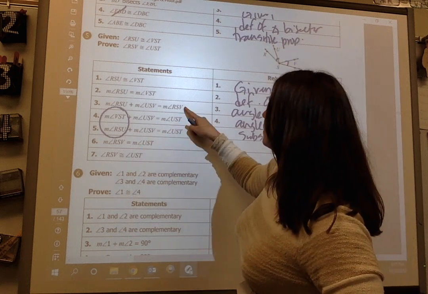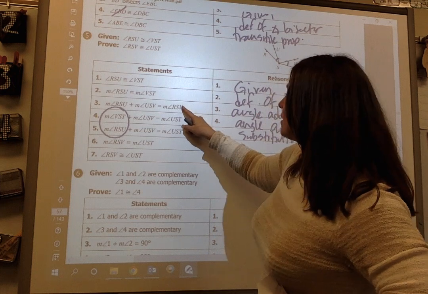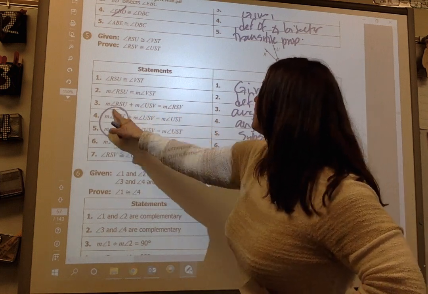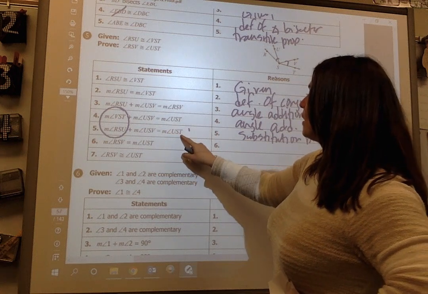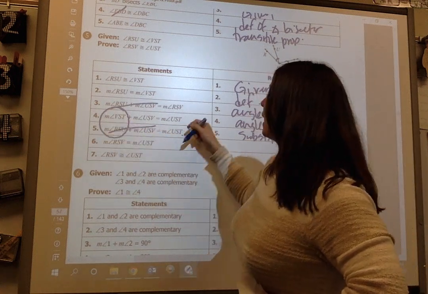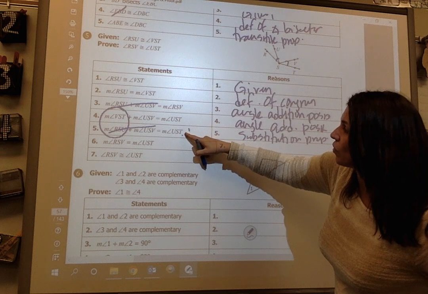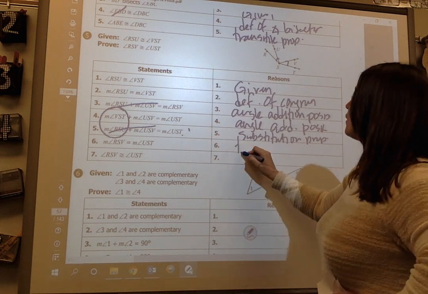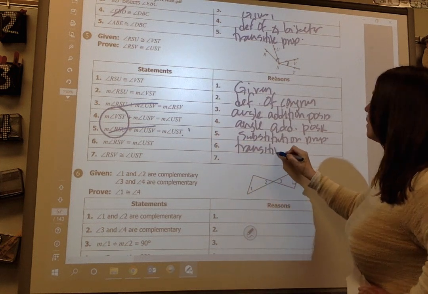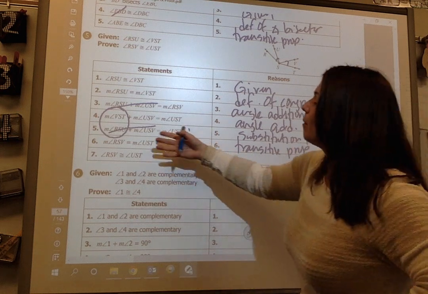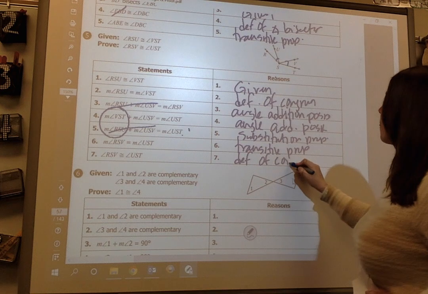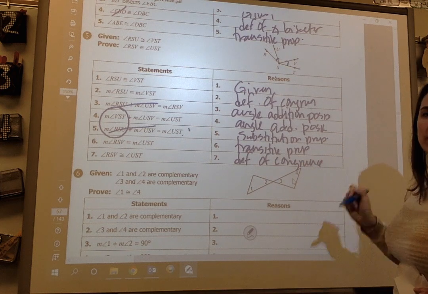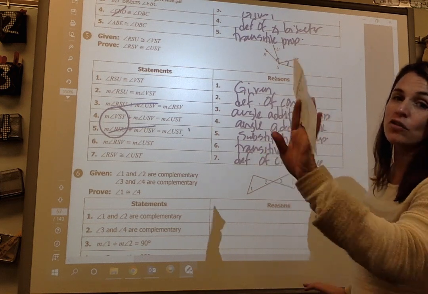Okay, so RSV is equal to all of this, and all of this is equal to the measurement of angle UST. So I'm taking out that middleman and saying that the measurement of RSV is congruent to the measurement of UST. That's transitive property. And now I'm adding back on that congruence, so definition of congruence. Took me a while on that one. I guess I can use my cheat sheet.